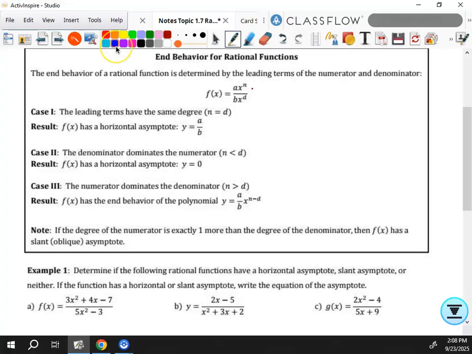All right, so case 1. If your leading terms have the same degree, in other words, they are tied in degree. If the numerator and denominator are tied in degree, we already know that means we have a horizontal asymptote and it's just the ratio of the leading coefficients, right? That's old news.